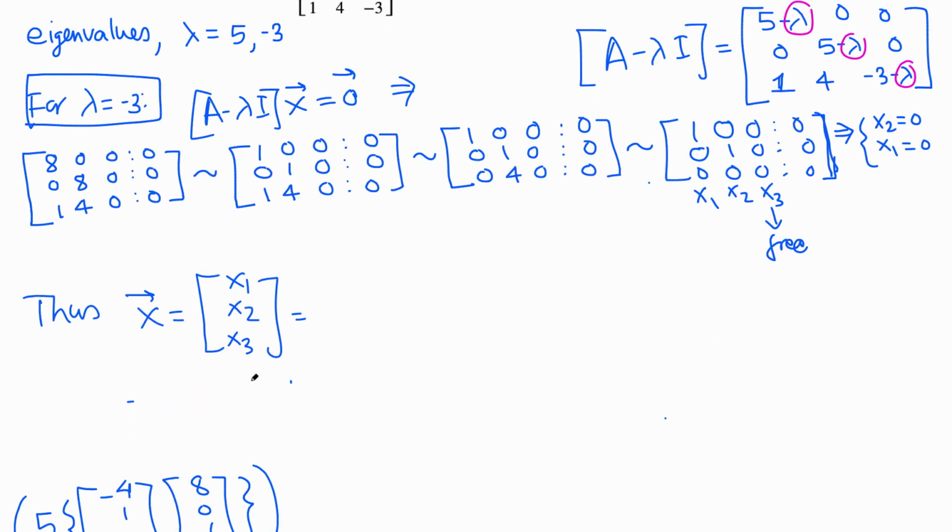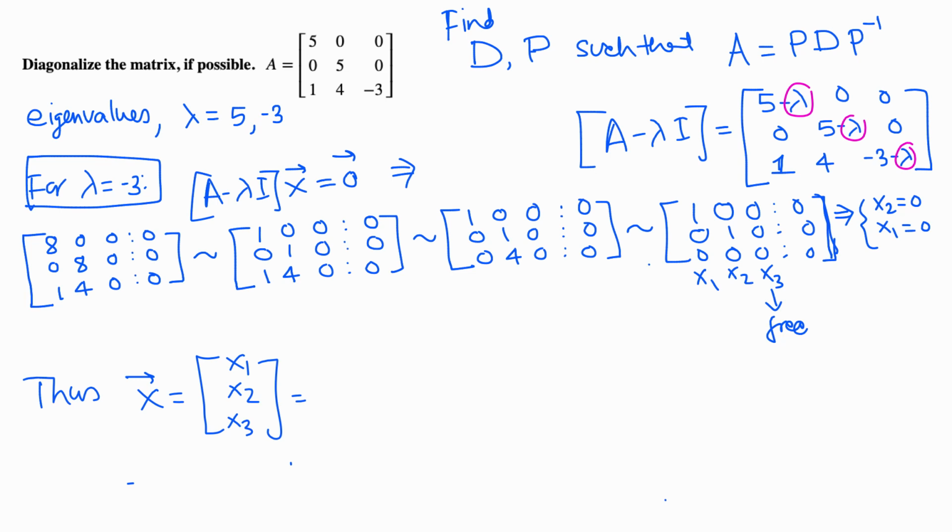Thus, like last time, x is (x1, x2, x3), which in this case is x1 is 0, x2 is also 0, and x3 is free, where x3 is an arbitrary real number, so we can just factor x3 out. We get (0, 0, 1) as the basis for the eigenspace. (0, 0, 1) is the corresponding eigenvector for the eigenvalue lambda equals -3.